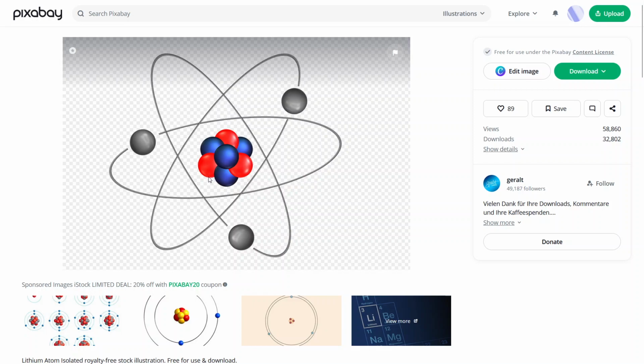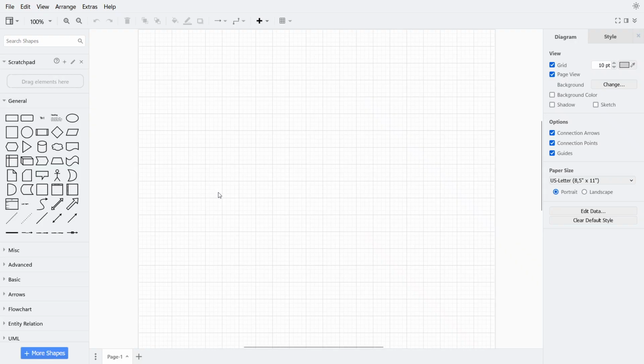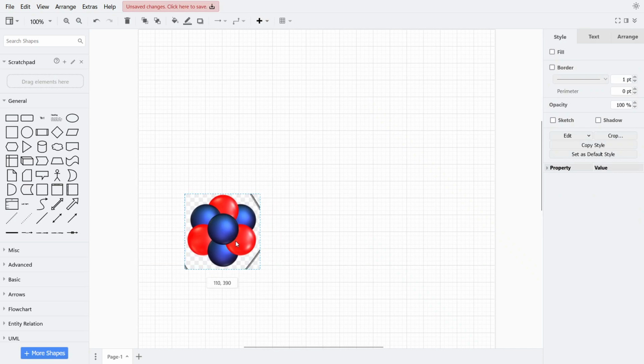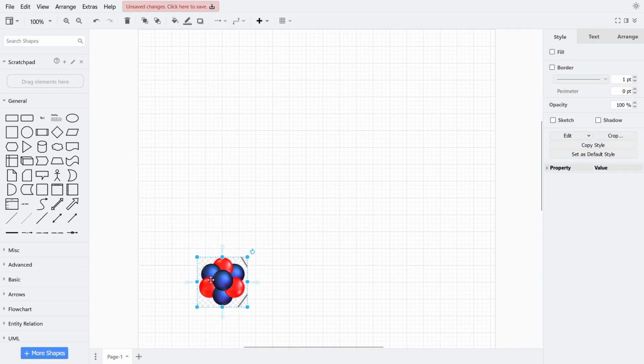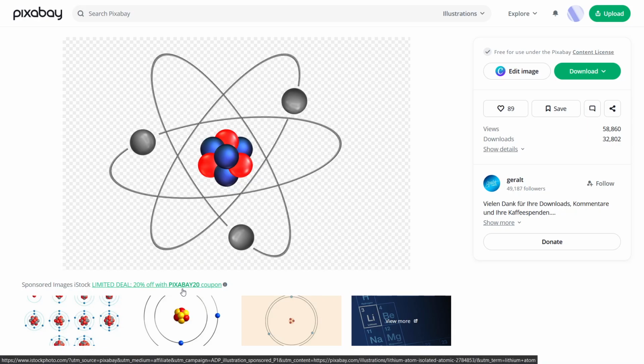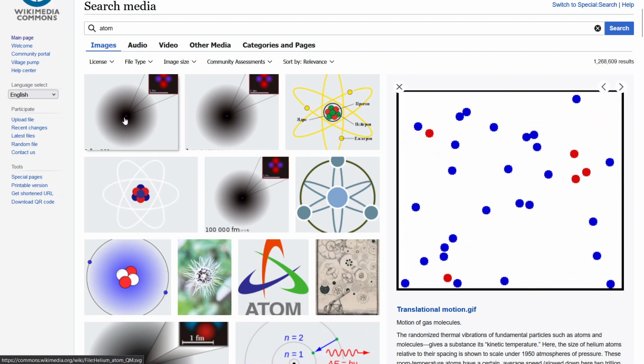So let's say this is the atom, but it's just the nucleus. The actual atom looks something like this.